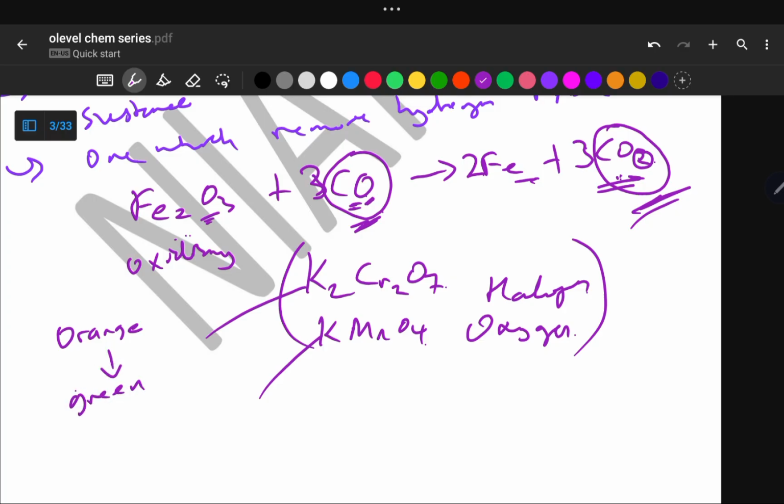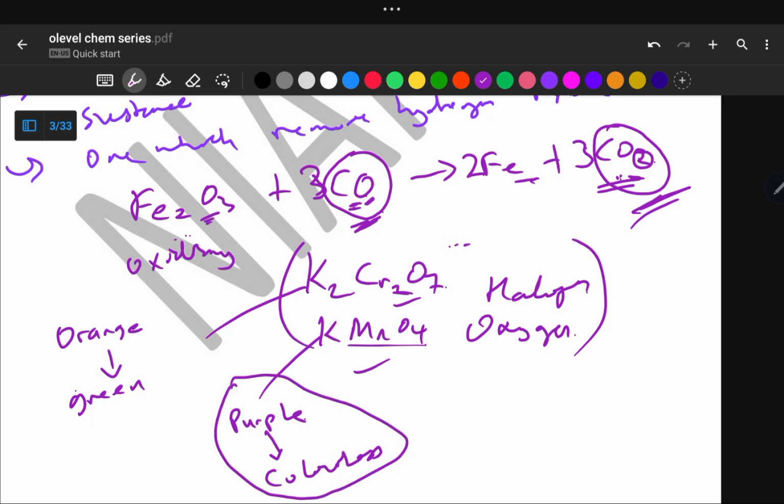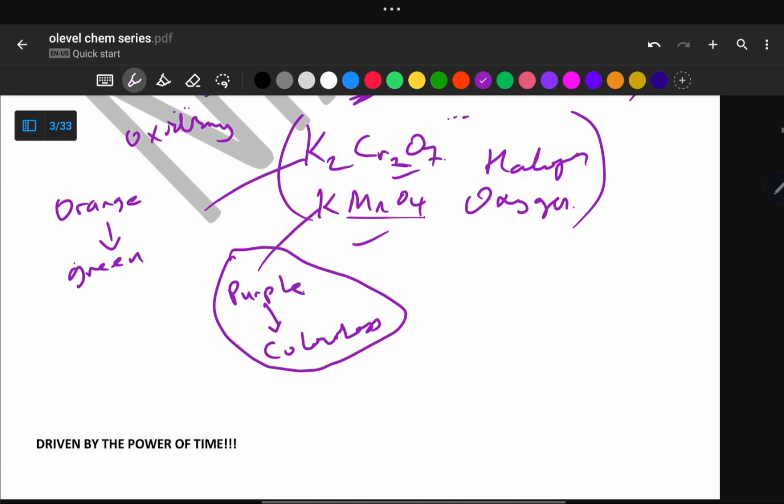And for potassium permanganate, the initial color is purple, and then it changes to colorless. So we use these reagents when testing for reducing agents. Since these are oxidizing agents, when they react with reducing agents, we are going to observe these color changes, right? So at times they can say you are having sulfur dioxide. So this is the change we are going to have from purple to colorless, and then here from orange to green.